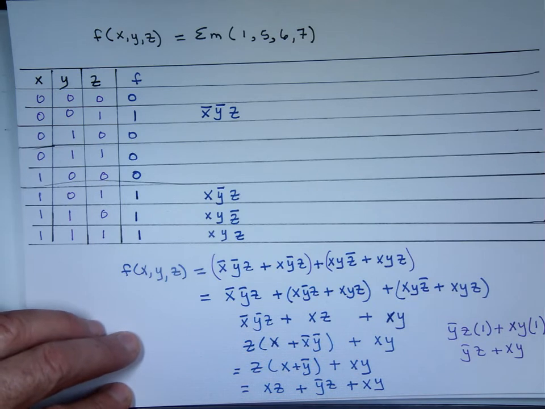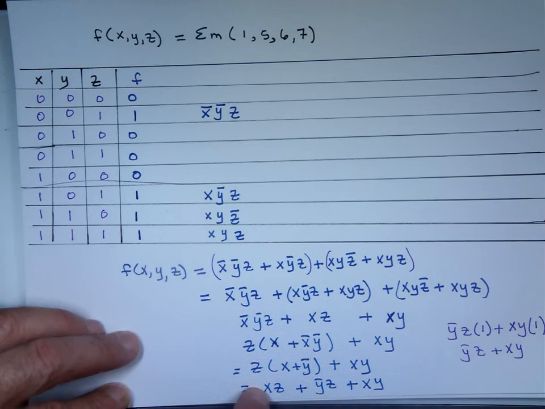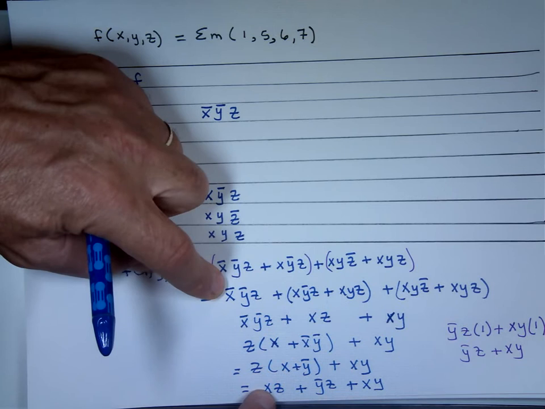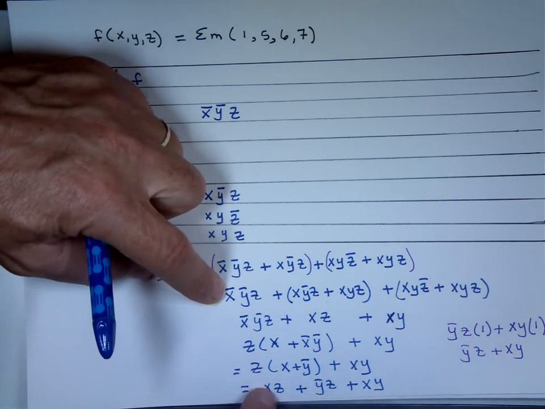I can try to add another one, see if I can simplify it. Somebody said, what about if you add x bar, y bar, z to the list? Well, if I add another one of these, is it going to simplify this one? You'd have to add the x, y, z. So that will make the z, x will be x plus y bar.